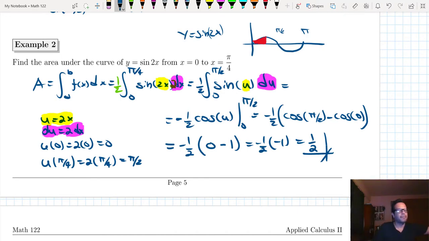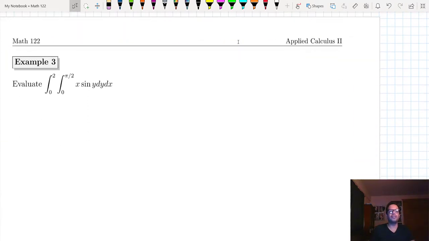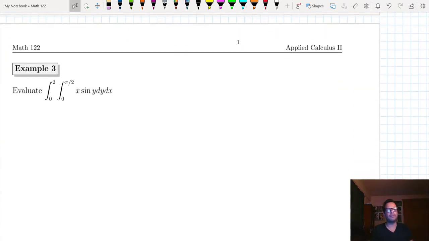Okay, let's look at the last page. The last page is a double integral involving trigonometric functions, right? The first integral will be done with respect to y.